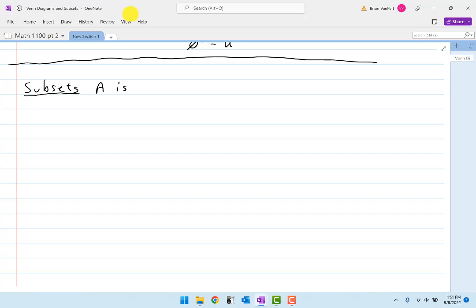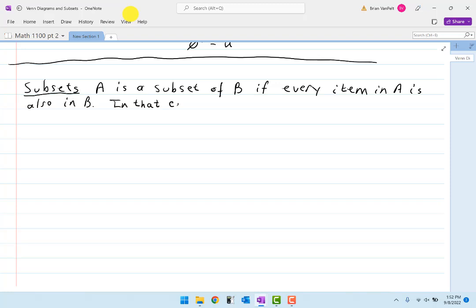A is a subset of B if every item in A is also in B. And if that's true, we write A and this symbol, then B. So that means that A is a subset of B.